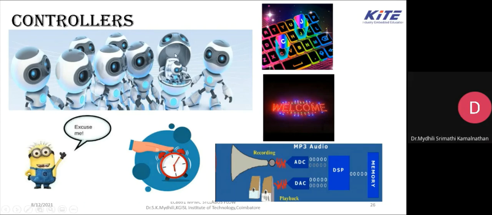Okay, so there are different types of controllers you need to know. First one is direct memory access, so the memory is open where they can directly access it. Then the interrupt controller, alarm controller, keyboard controller, display controller, and conversion controllers, that is analog to digital or digital to analog converters.